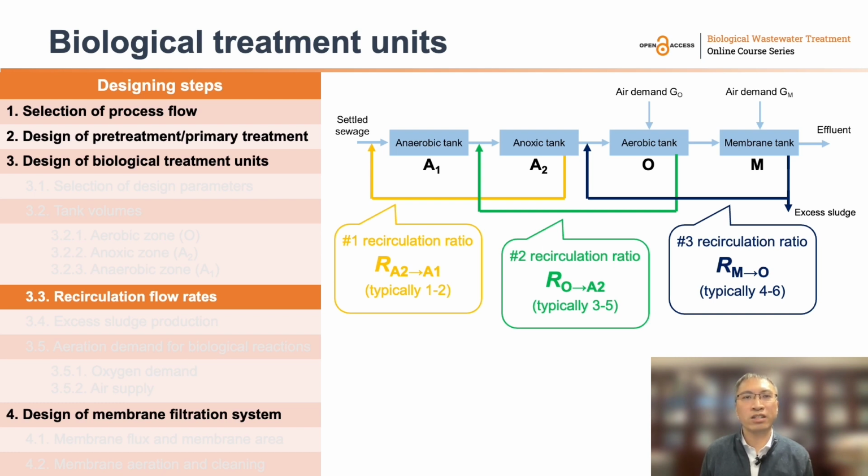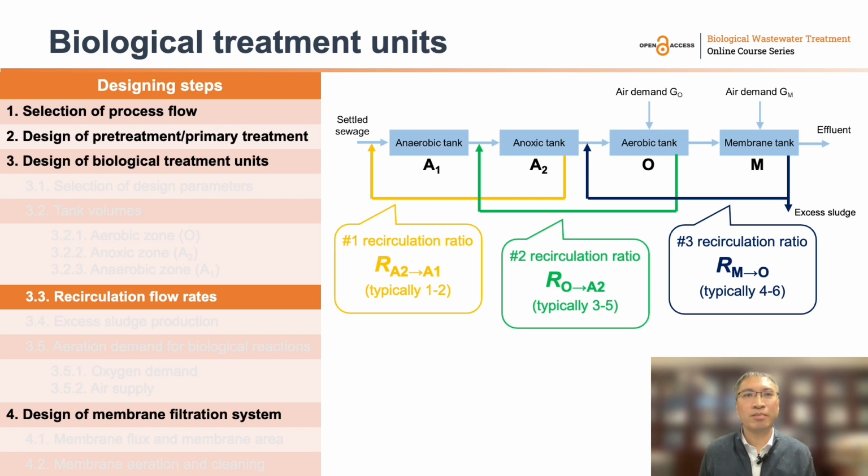But the recirculation ratio should not be too high to disturb the anoxic environment for denitrification. This recirculation ratio is recommended to be 3 to 5.